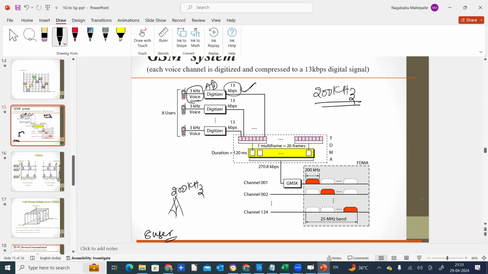That is converted from analog to digital, around 9 to 13 kilohertz. First user, second user, up to 8 users, each filling one particular slot. Still, 13 times 8 does not give us 200 kilohertz.